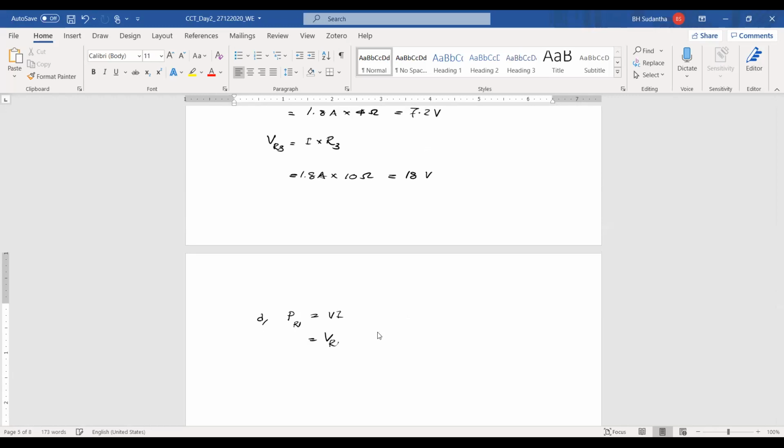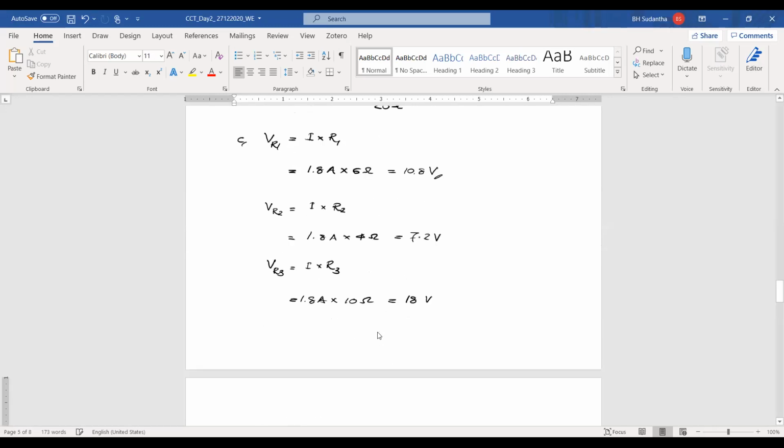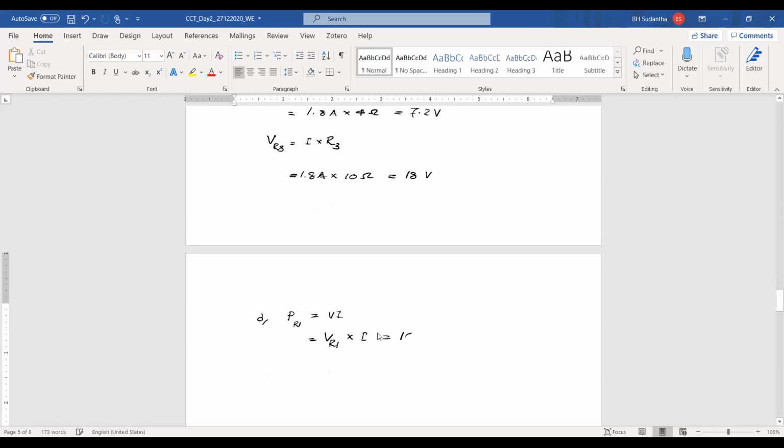This is VR1 into I. VR1 is 10.8 volts and I is 1.8 amperes. This is 19.44 watts.